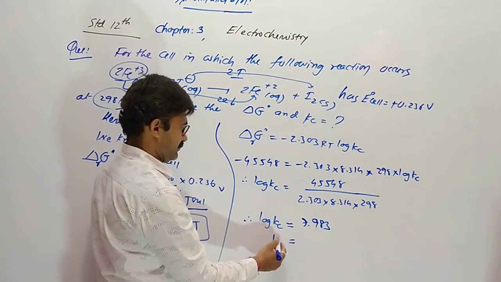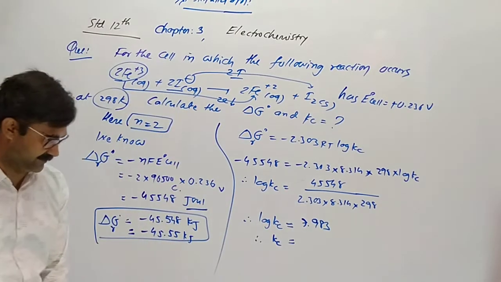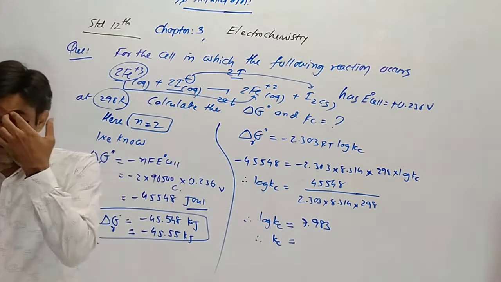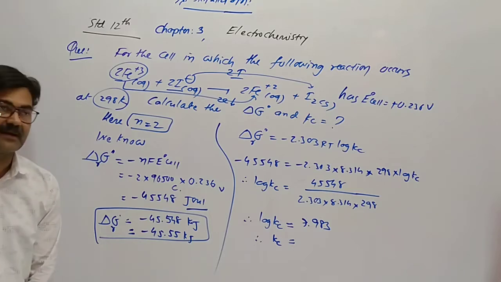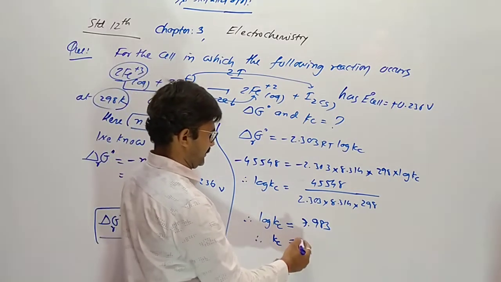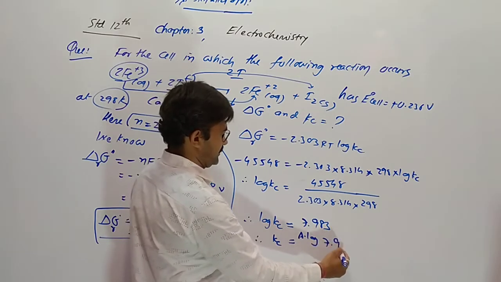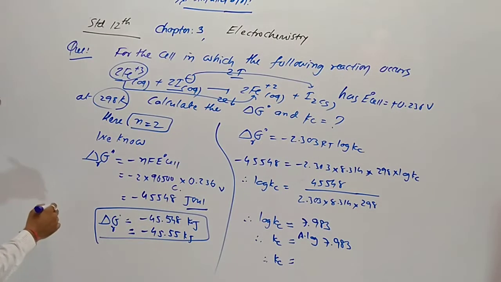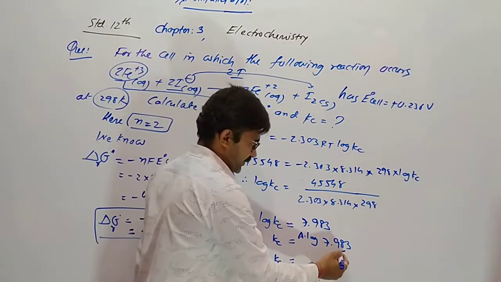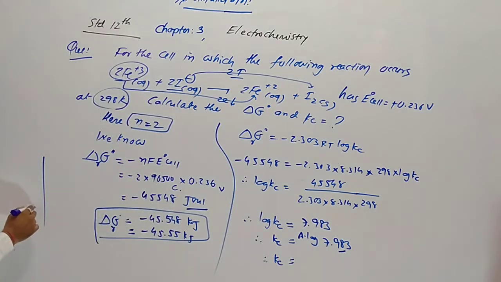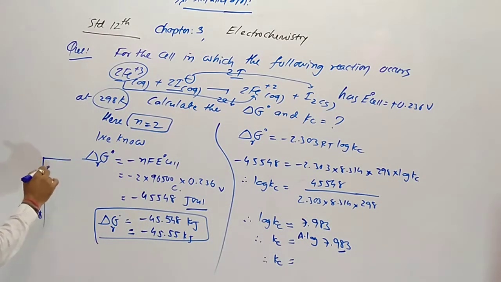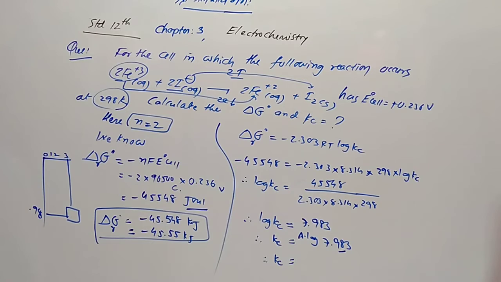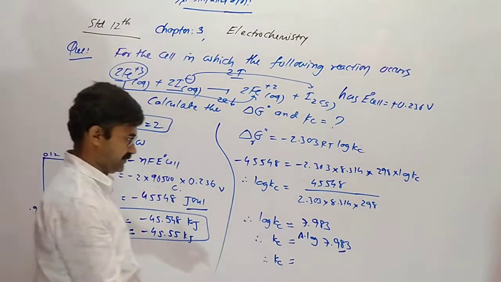Now on both sides we have to take the anti-log. For getting Kc, we have to remove the log, so we apply anti-log on both sides. Log and anti-log cancel. So now we check the anti-log of 7.983. To find the anti-log, look at the digits after the point, 0.98, and the third digit in the horizontal line, 3. So 0.98 and 3 gives 9.616.